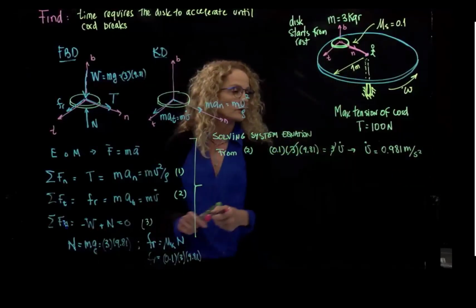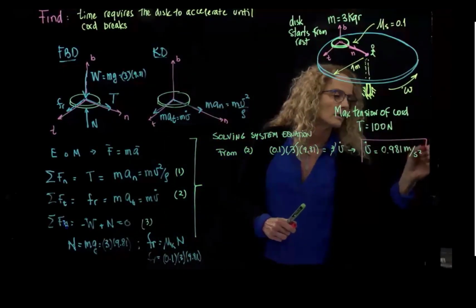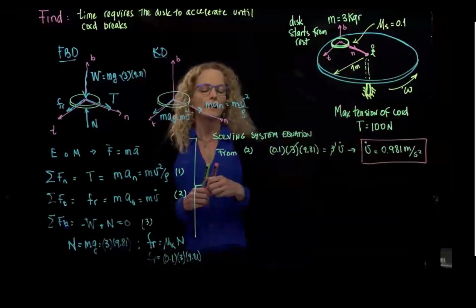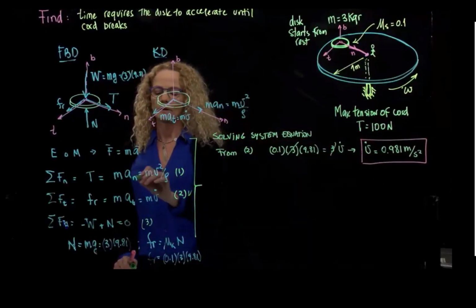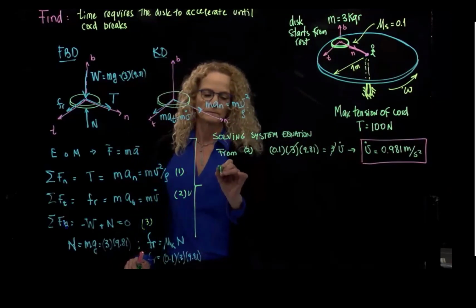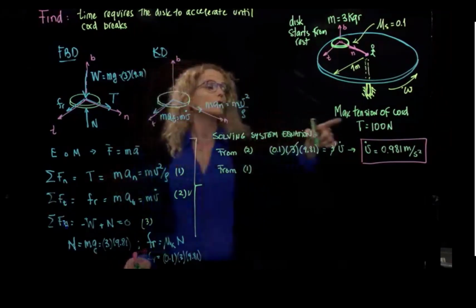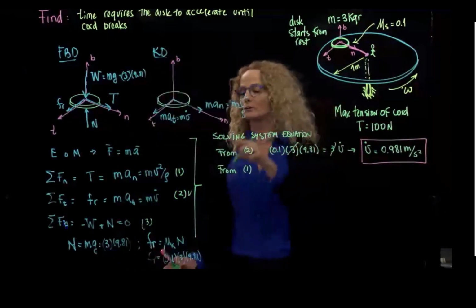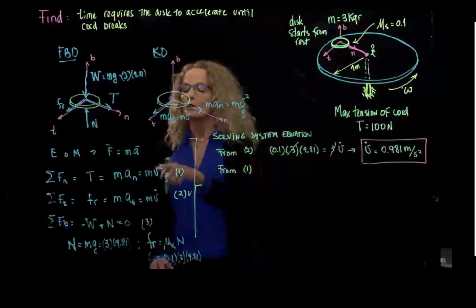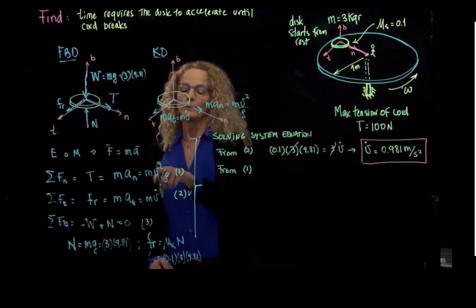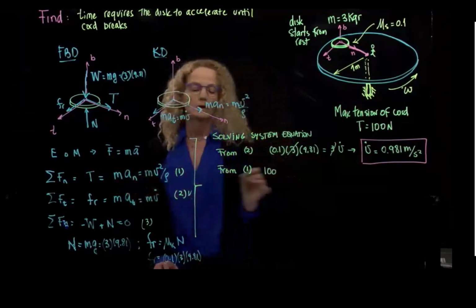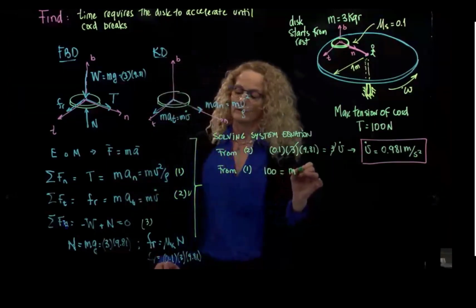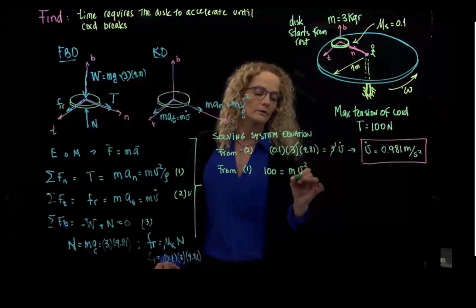So this is the first value that we get. And then, from equation 1, we know that we want to go to the limit to be able to find that velocity, right? So the velocity that we will reach for 100 newtons is when 100 equals the mass times velocity squared over radius of curvature.